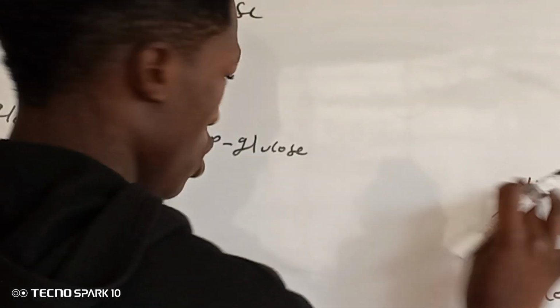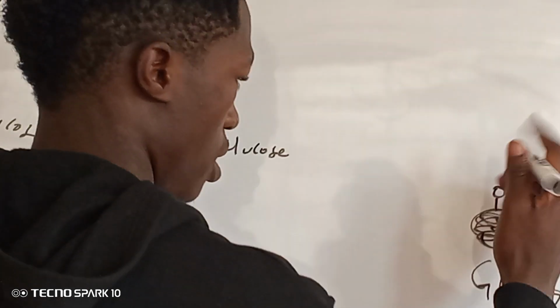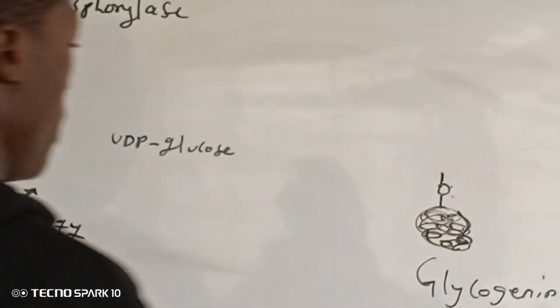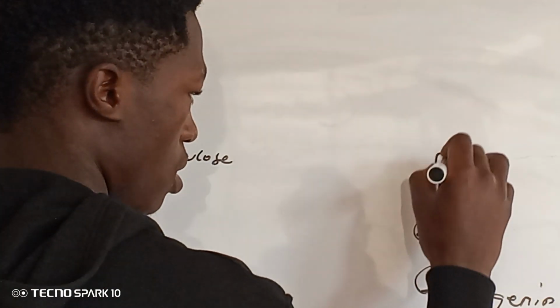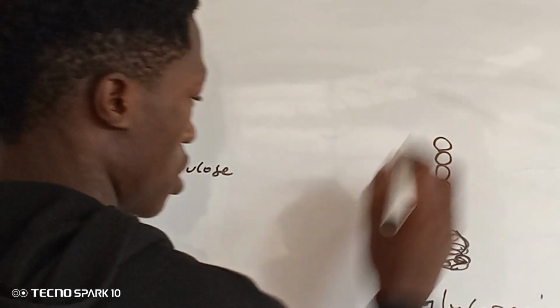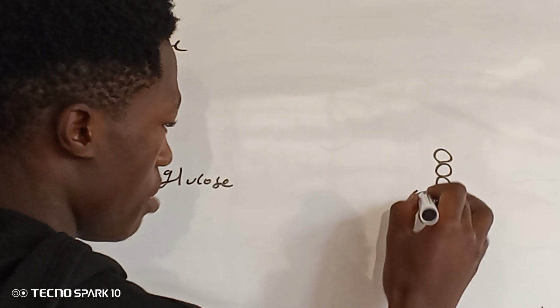So when you are forming a bond, this edge is going to be removed. Alright, so I'm going to form a bond there. So I'm going to add glucose, glucose, glucose, glucose. But whenever we add this UDP glucose, we're going to get rid of the UDP.